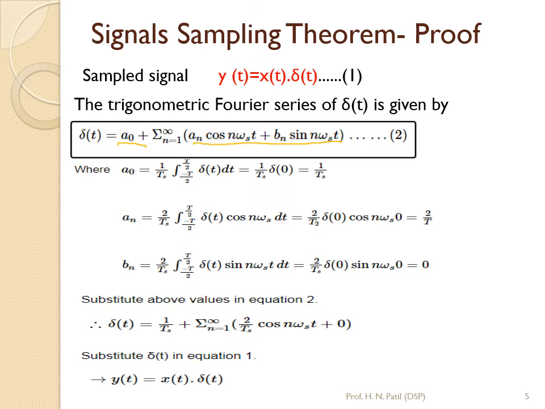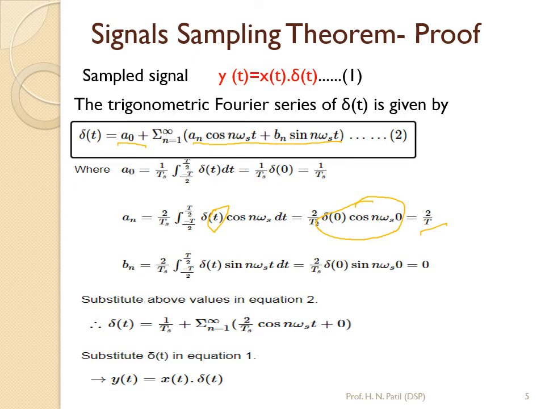Similarly, an is equal to 2 upon Ts times the integration from minus Ts by 2 to plus Ts by 2 of delta of t cos(n omega s t) dt. Here also t will become 0 as it is an impulse, and this cosine term will be equal to 1, and hence the equation will become 2 upon Ts.